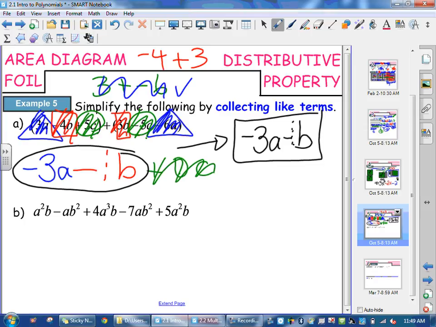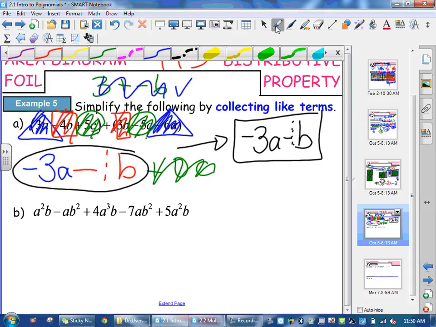Now this one's kind of crazy because the exponents are all over the place. So, a like term, we're talking about like terms. Like terms can only be same base, same exponent. So that means if you've got more than one variable sitting side by side, in order to match them, they have to have identical variables.